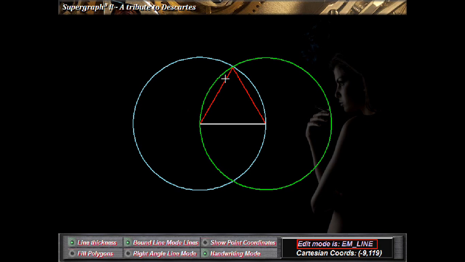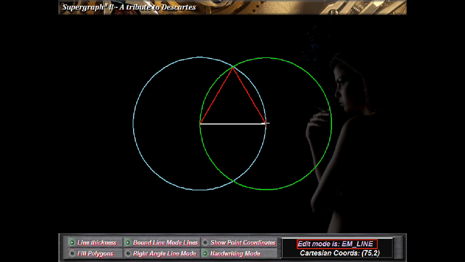This length here, since it begins at the center of this blue circle and ends at the perimeter of that same circle, this must be one radius distance away from here, and so therefore these two lines are equal, same length.